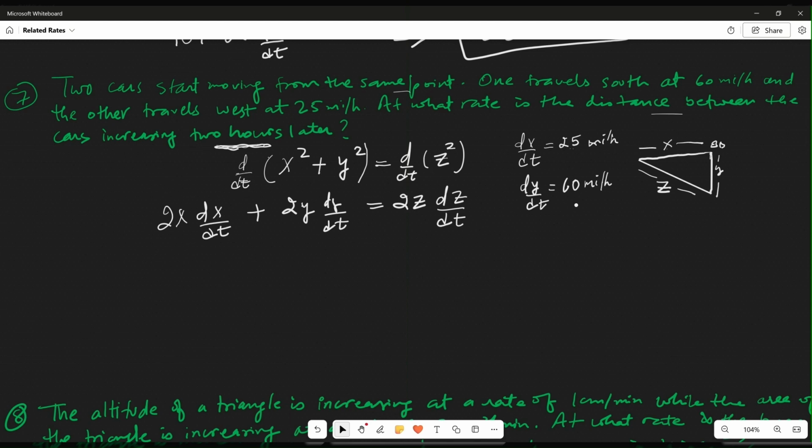So x is going to be 25 multiplied by 2, which is 50, and y is going to be 60 times 2, which is 120.